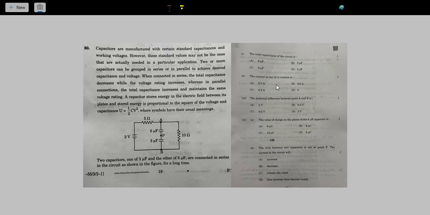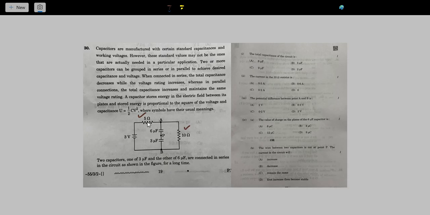In the second question, the current in the 10 ohm resistor is asked. You can see this 10 ohm resistor is here, and this one is a 5 ohm resistor, right? This capacitor is connected with the DC supply, so we know current would not flow through this arm.